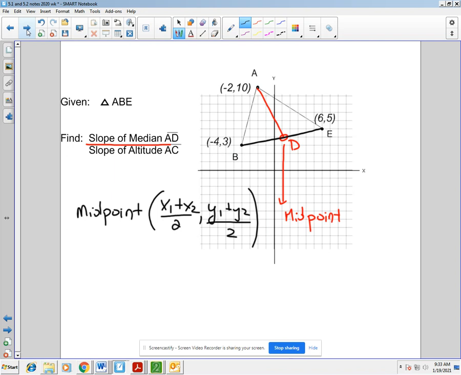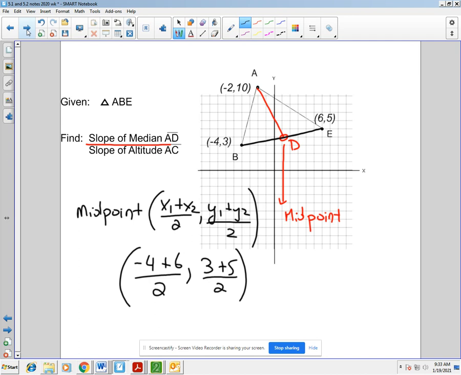So this is the formula for midpoint. So I get -4 plus 6 divided by 2. In other words, I'm taking the average of the x coordinates and then the average of the y coordinates, which will be 3 plus 5 divided by 2.